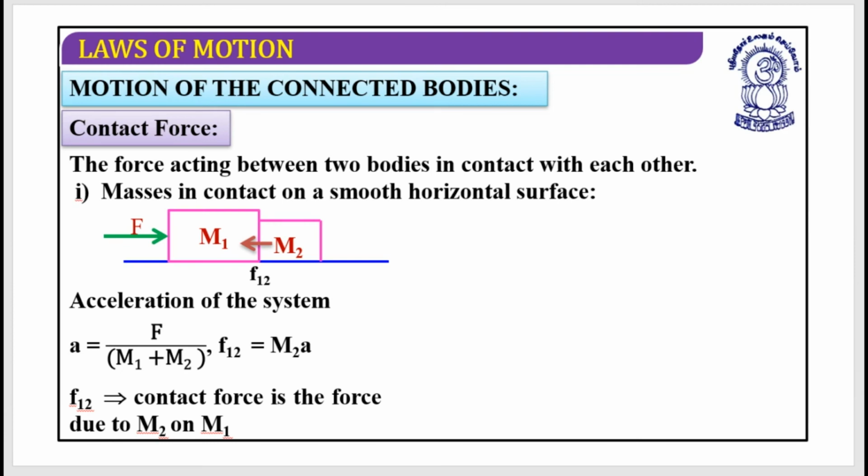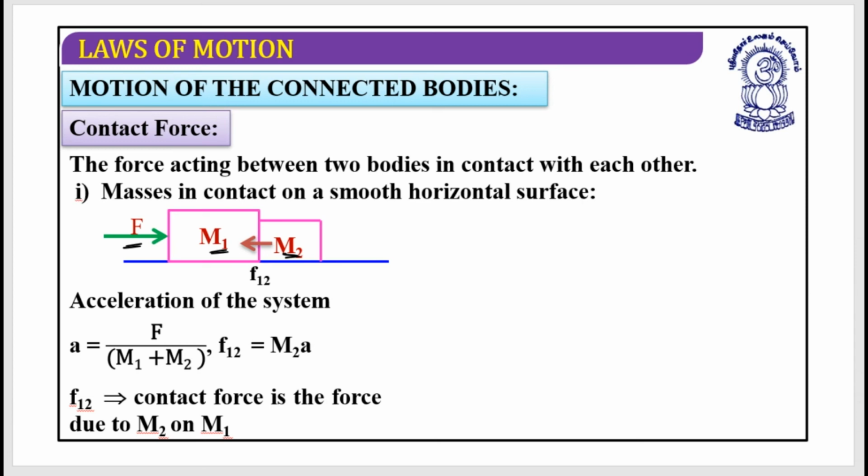Suppose this is the motion of the connected bodies. Two blocks are there, of masses m1 and m2, and let's suppose you have applied a force F. That means you are going to push m1 and m2 together with the help of the force F. Let's suppose you want to find the normal force, the acceleration and all that stuff.